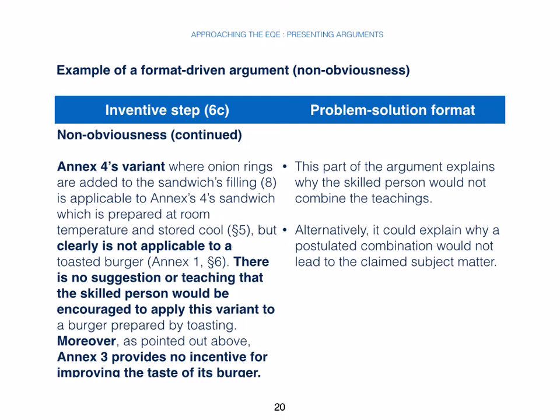Moreover, as pointed out above, Annex 3 provides no incentive for improving the taste of its burger. So this part of the argument explains why the skilled person would not combine the teachings, and alternatively it could explain why a postulated combination would not lead to the claimed subject matter.